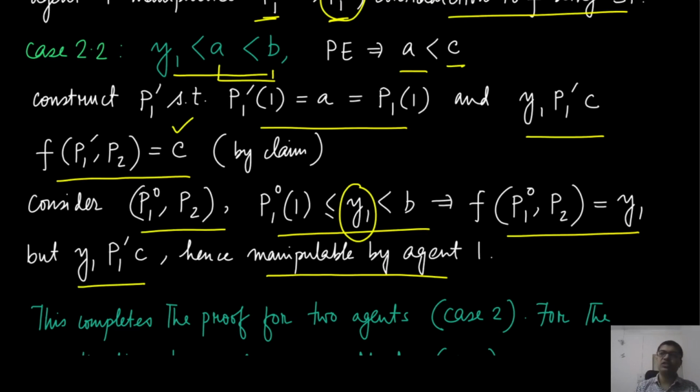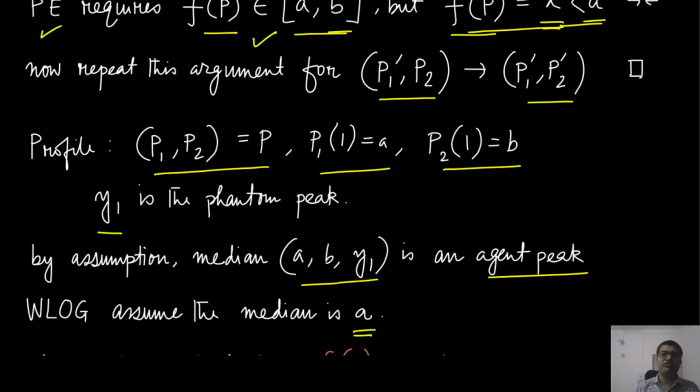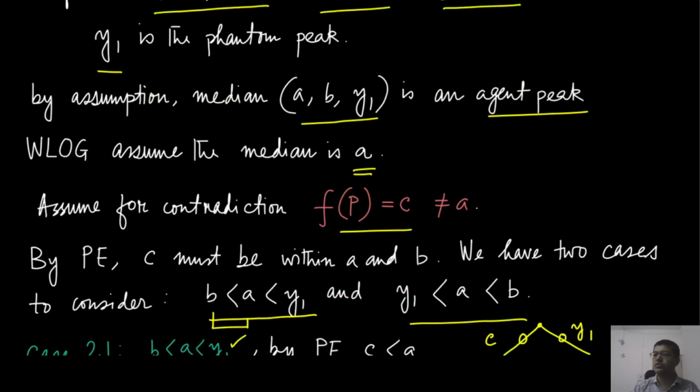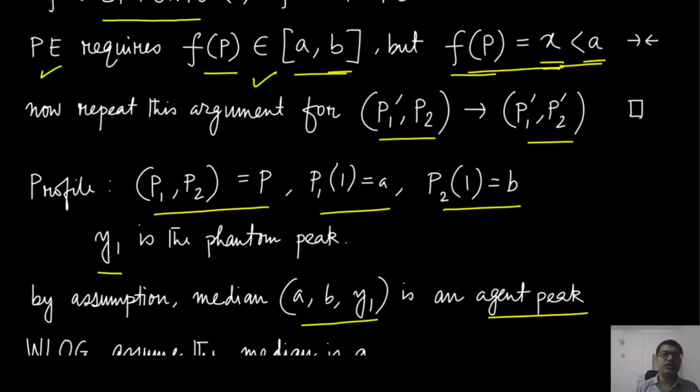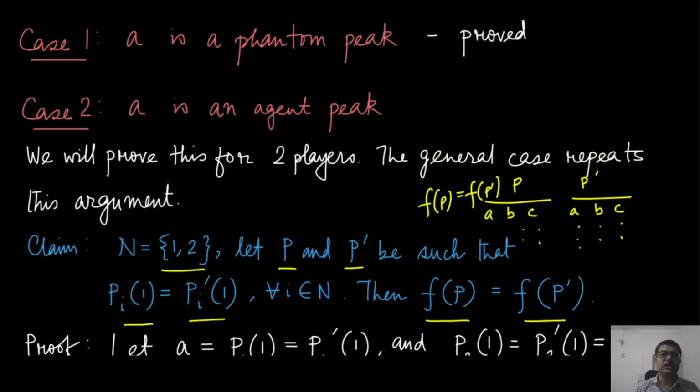So therefore the choice that we have made, f of p equal to c, cannot be correct. It must be equal to a, and that proves case 2: when a is an agent's peak and there are only two players, the social choice outcome must be equal to that alternative a.